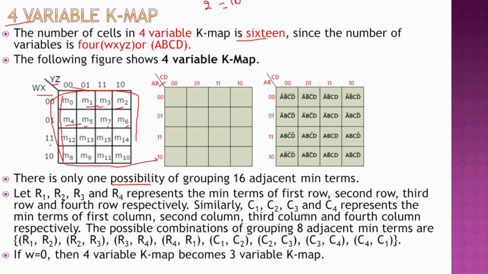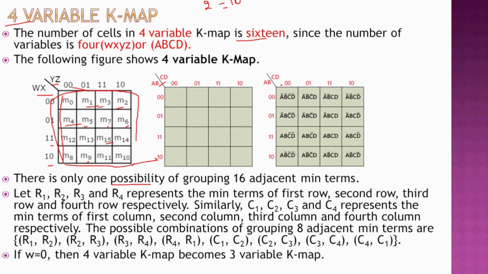You no need to fill the third row yet. Before that, you need to fill the last row: M8, M9, M10 and M11. Afterwards, fill the third row: M12, M13, M14, and go to the last, that is M15.